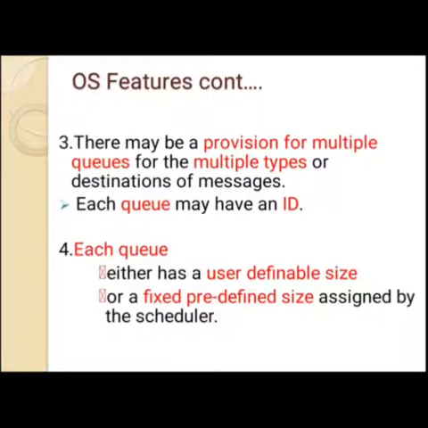The third one, there is a provision for multiple queues for multiple types or multiple destinations of messages. But each queue should have an ID. Next point is each queue has a user definable size or a fixed predefined size assigned by the scheduler.